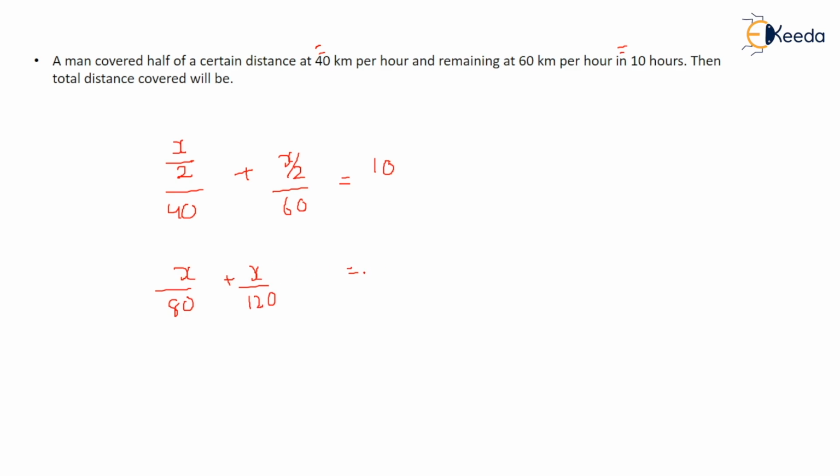This comes simply 120x plus 80x upon, when you multiply 80 into 120, this comes out to be 9600, equal to 10. This comes out to be 200x upon 9600, and simply cancel 2, right? 16, sorry, 16 now, 10 is here, so 10.